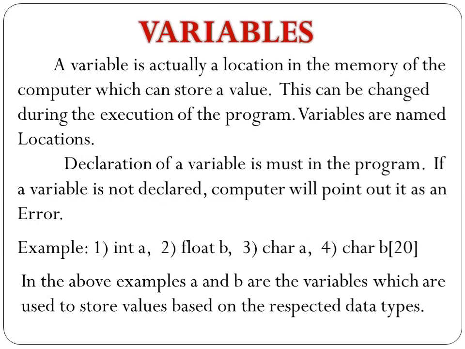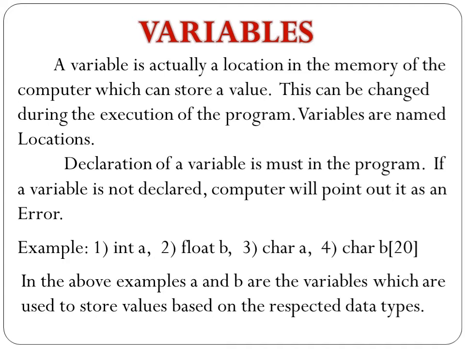Data types in C language can be declared in combination with variables. Now let us learn about variables. A variable is actually a temporary location in the memory of the computer which can store a value. This value can be changed during the execution of the program. Variables are named locations.